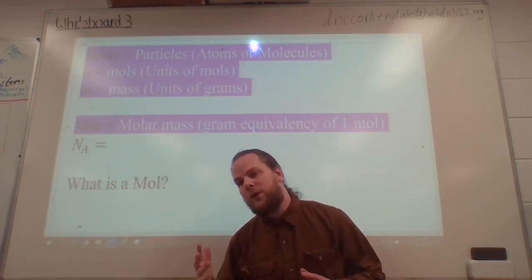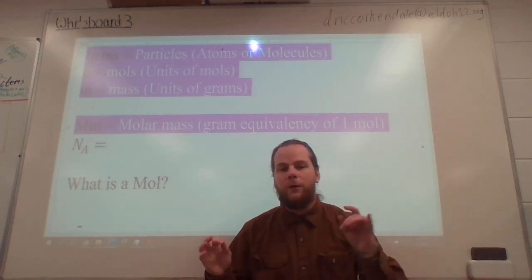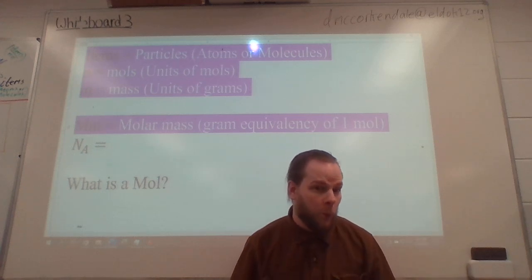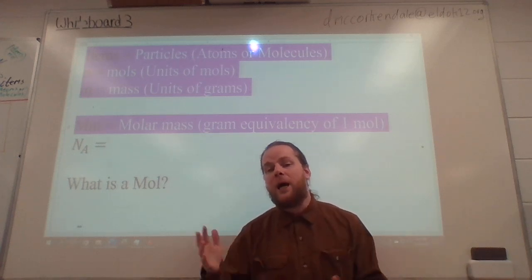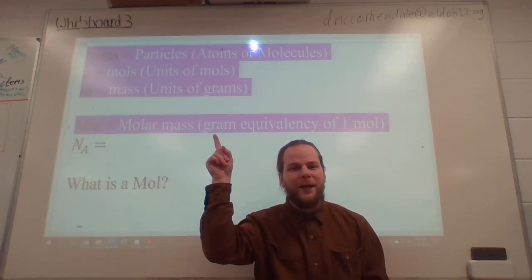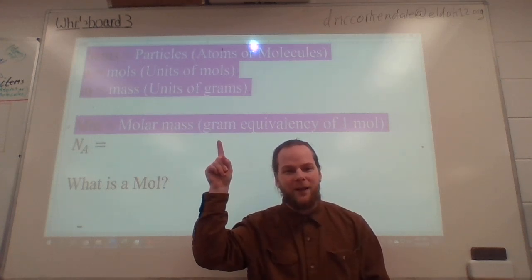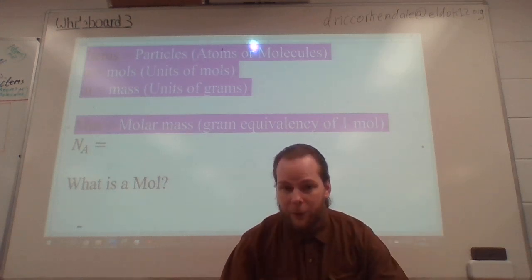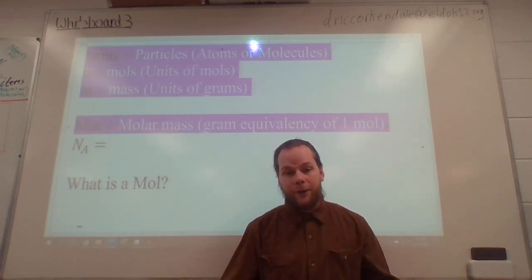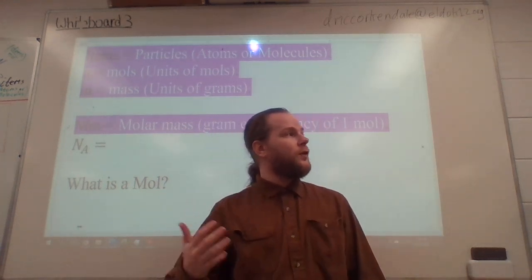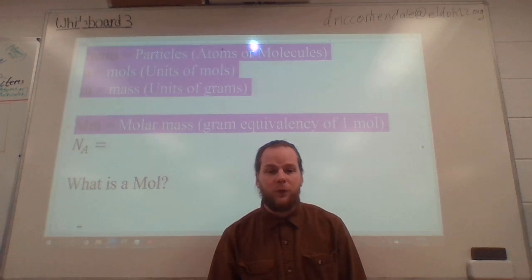Okay, and that is, we say, the gram equivalency for 1 mole. Or, in more common terms, how many grams does it take to equal 1 mole? So, for example, the molar mass for iron is 55.845 grams per mole.